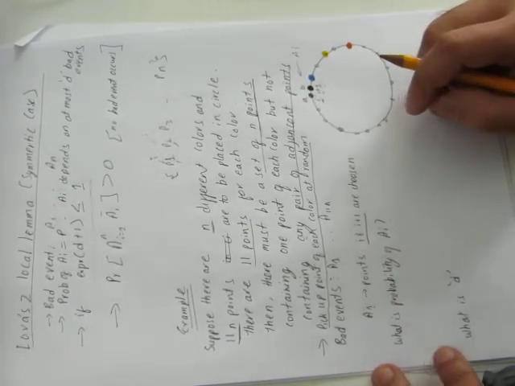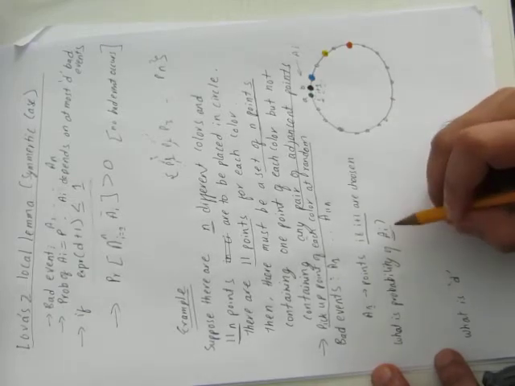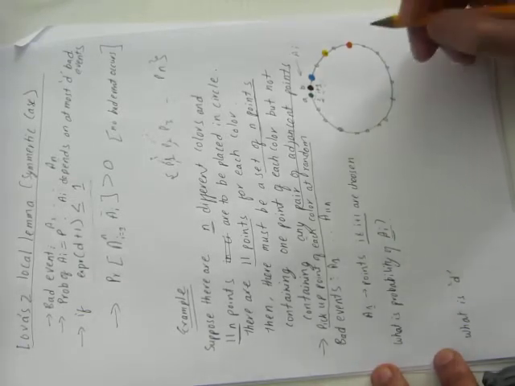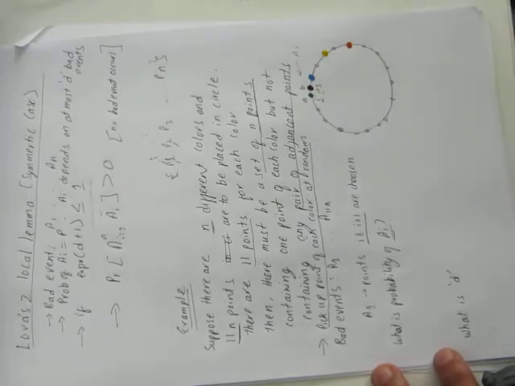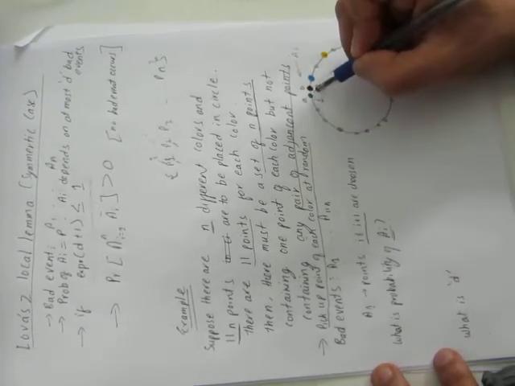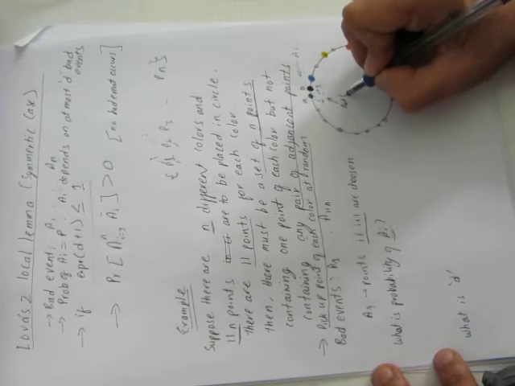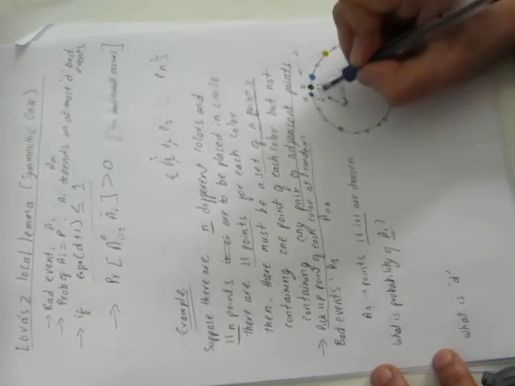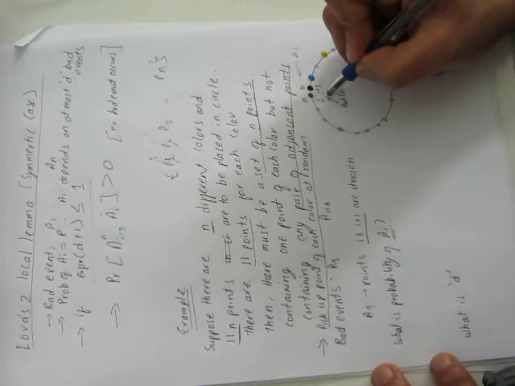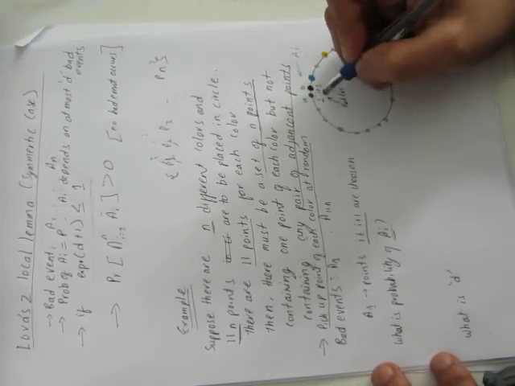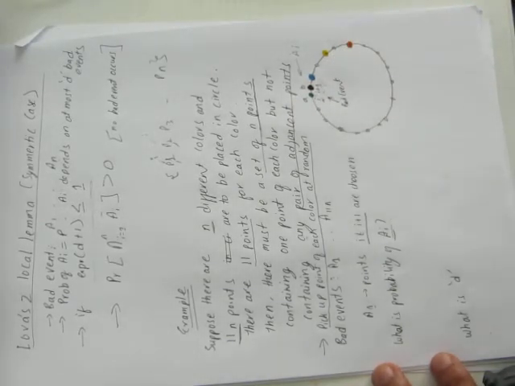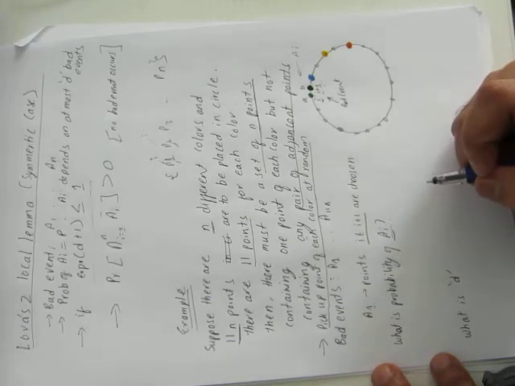Now what is the probability of a single bad event Ai? Let's say this is a bad event. Each color can have 11 points.